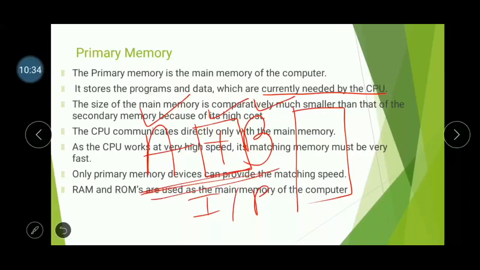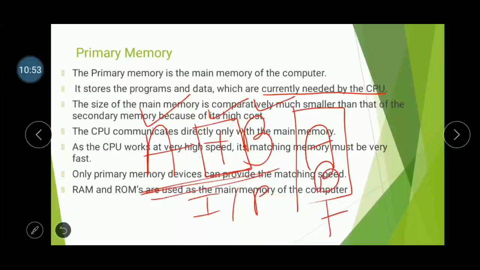Now the CPU will take the inputs one by one. The CPU will not take all the information at a time. It will take the information one by one. So it will take A, after that B, and after that process.